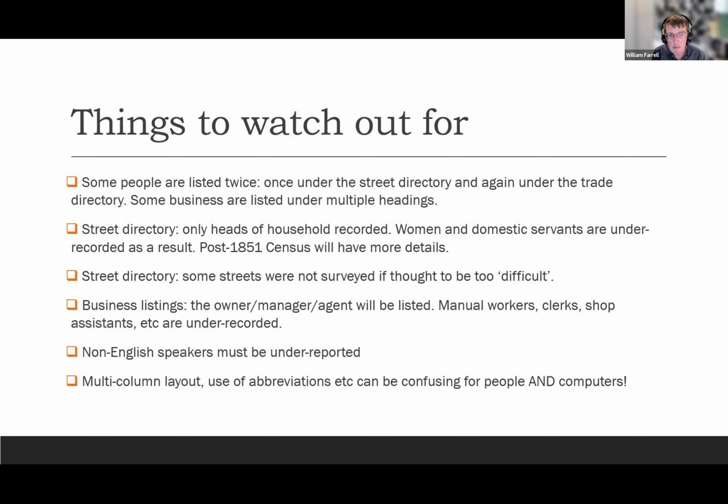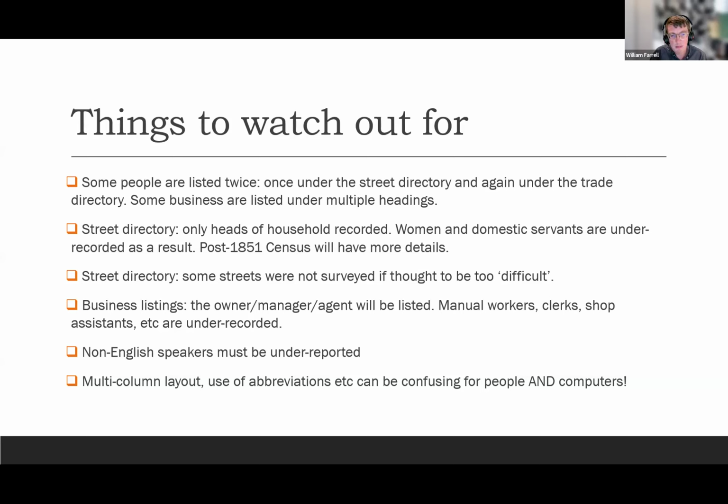For anyone looking to count lists of surnames, particularly, I would watch out for this, because if you do a quick keyword search of a whole directory, if you've got a digital copy and you're interested in particular surnames, there are definite duplicates in the directories because of this double or even triple listing of the same person.